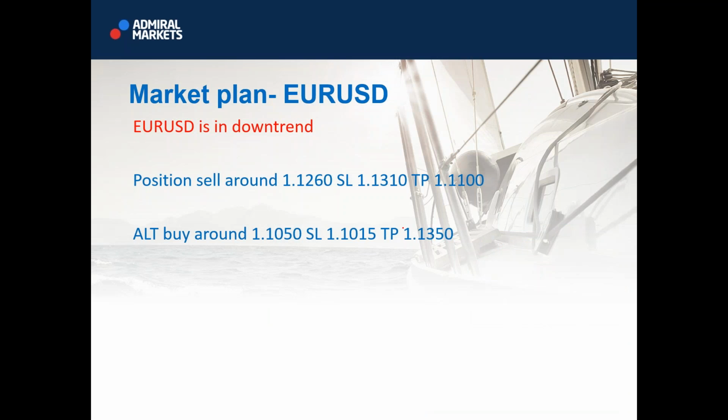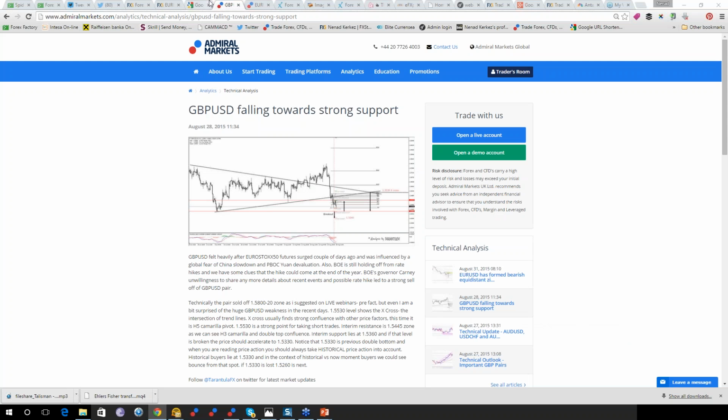Well, if you saw my recommendation and analysis for euro dollar today, this is basically the same thing. This is what I see currently on euro dollar. I will share the screen with you just in a second, guys, so you will be able to see the analysis, but I'm sure that you have read it.